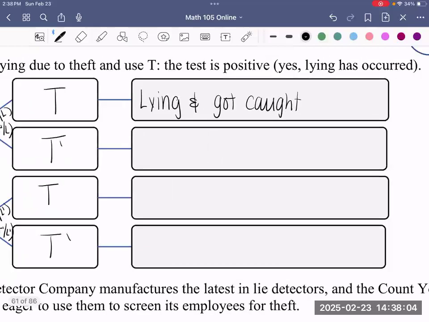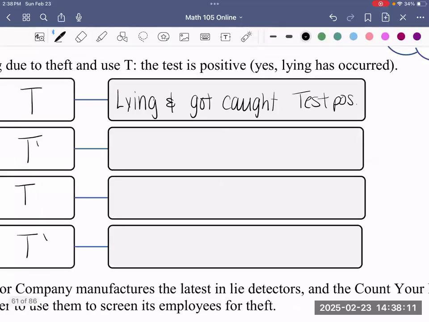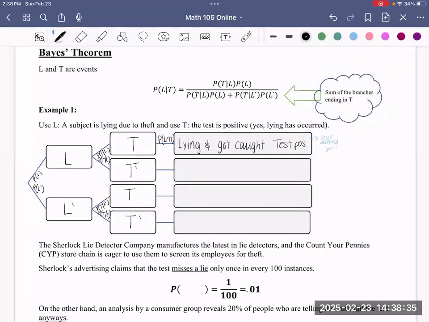They tested positive for lying. So the test worked. And you might have to go to jail. That's how it works. This end result, this branch here, is the occurrence of these happening together. So you lied and got caught. You tested positive.